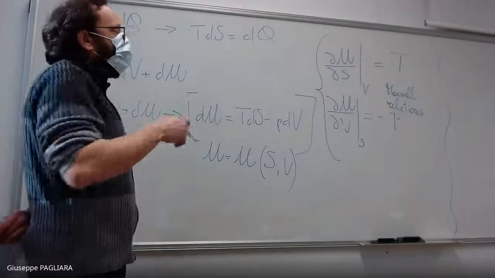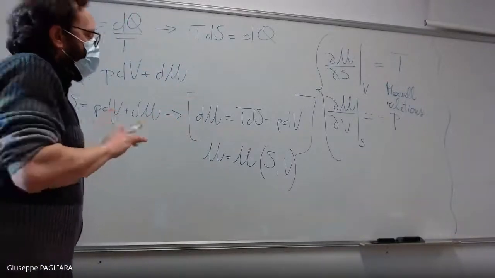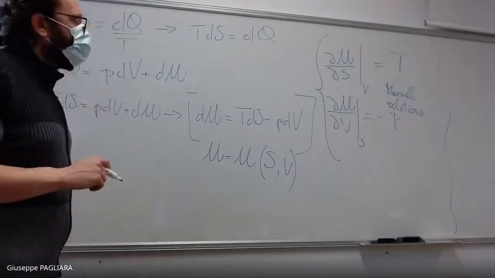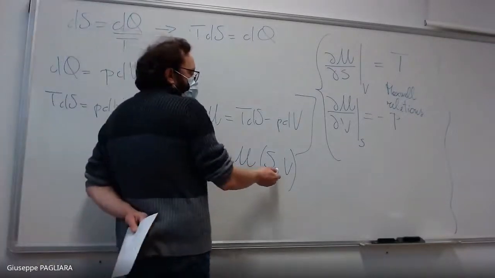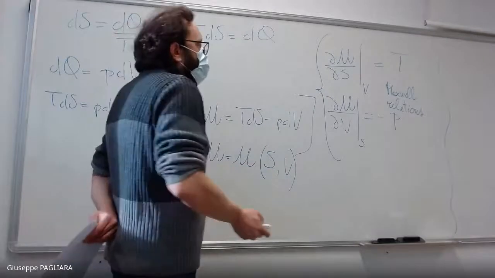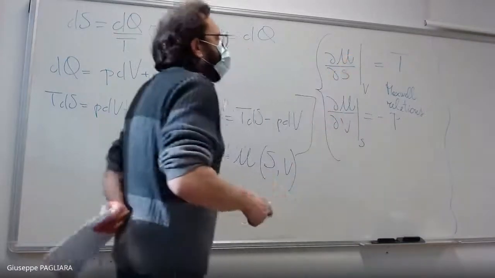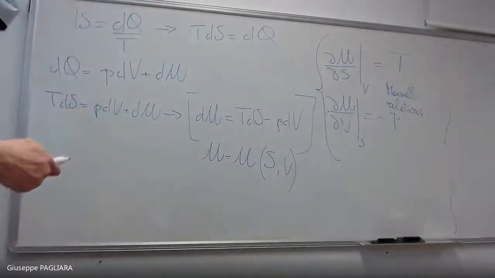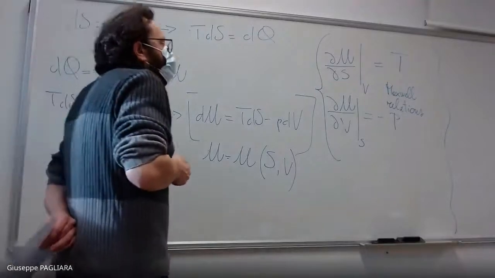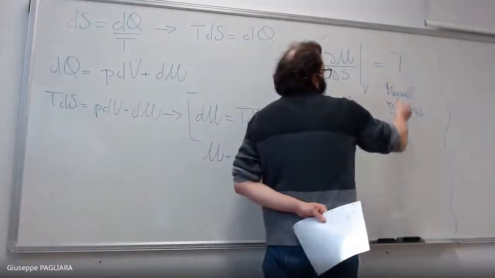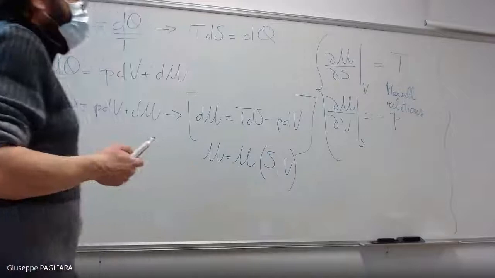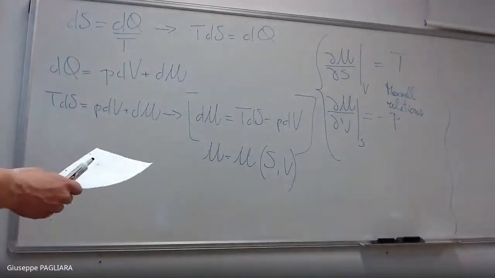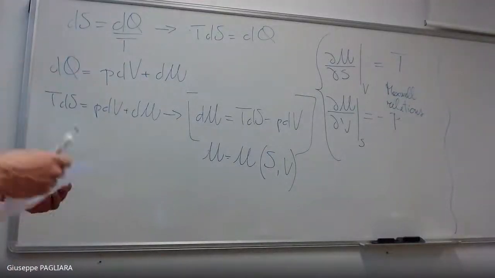We will generalize these. The internal energy is a function of entropy and volume, and those two relations establish a relation between the partial derivatives of the internal energy, temperature, and pressure. Those two relations are very useful, as we will see in a moment.